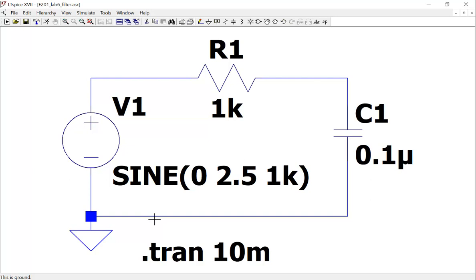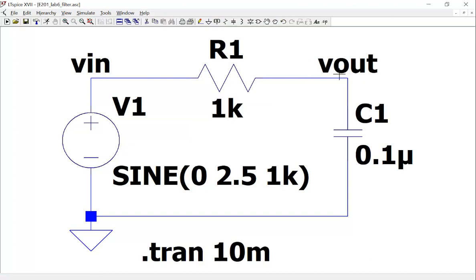So what I'm going to do here, for example, is measure the phase shift of the two signals, input and output. You'll do the same. Just activate your cursor on the oscilloscope and measure the time difference, the delta t, and calculate your phase shift in terms of angles using a certain equation in the instructions. So this is the circuit, and I will label it easily here, V in, and V out.